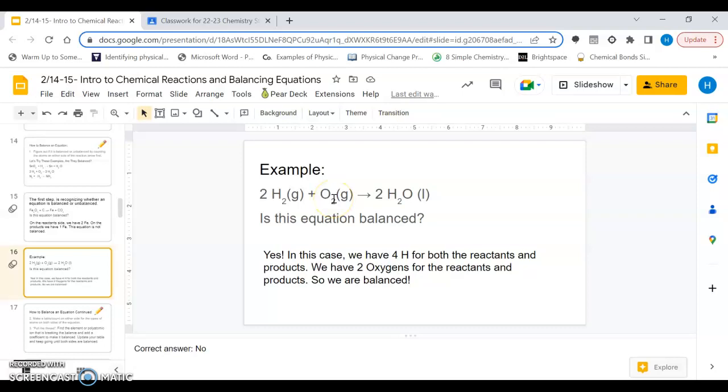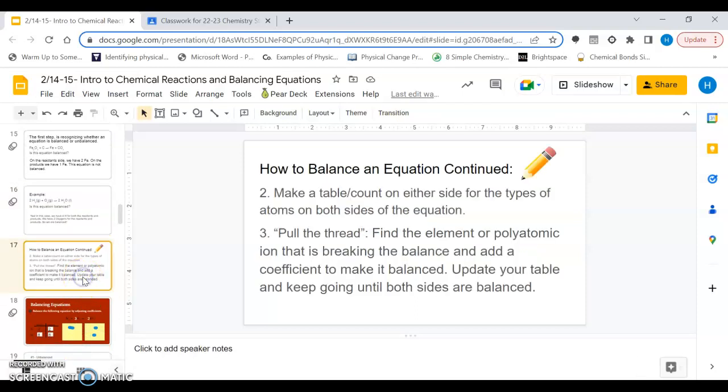The 2 gases are being put together, and when the 2 are put together in the right conditions, we're producing water, and this one is balanced. Great. So first step, figure out if it is balanced already. Okay, so that's step 1.